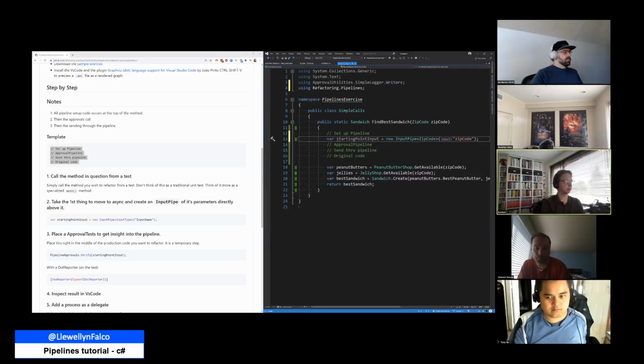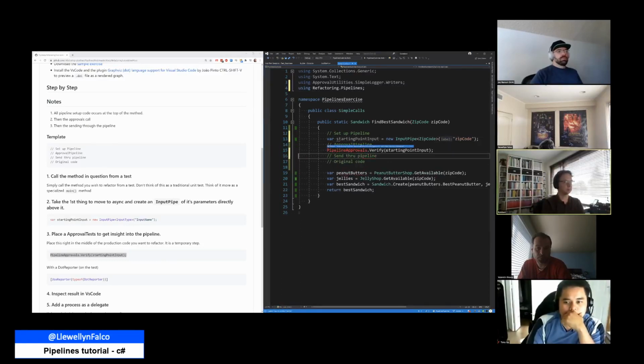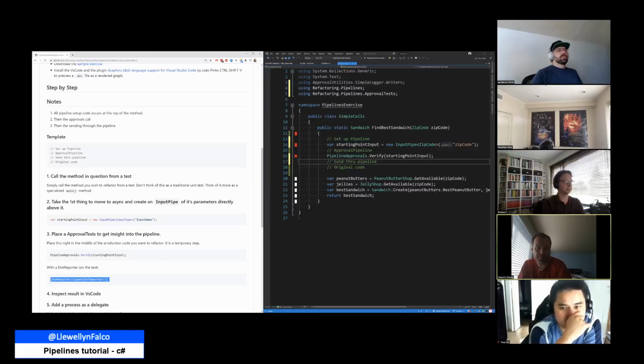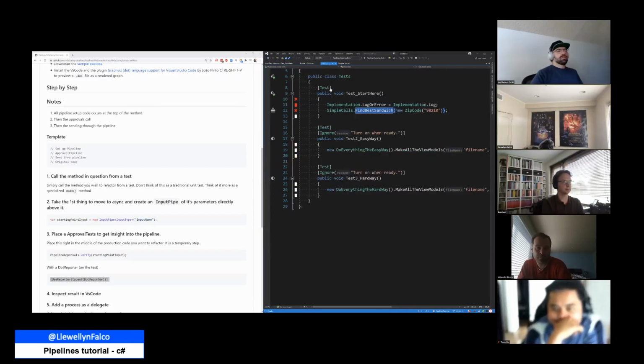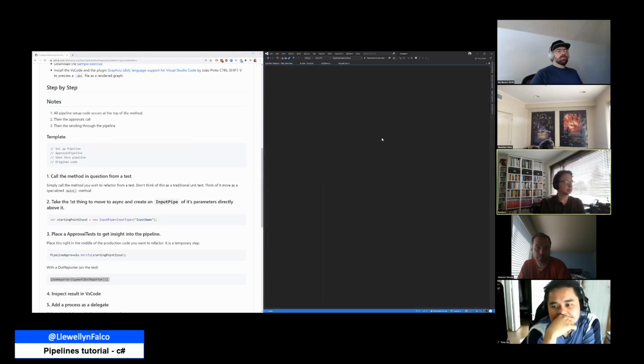Let's also do step 3. So it seems like the test is failing. And let's run the test.